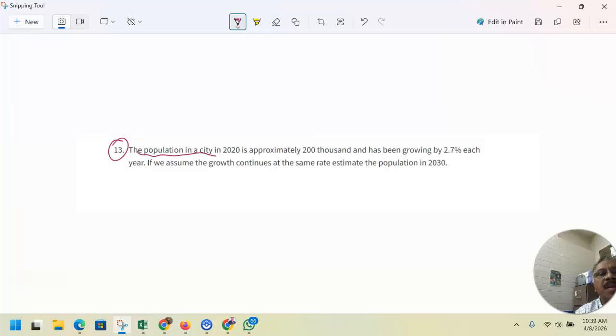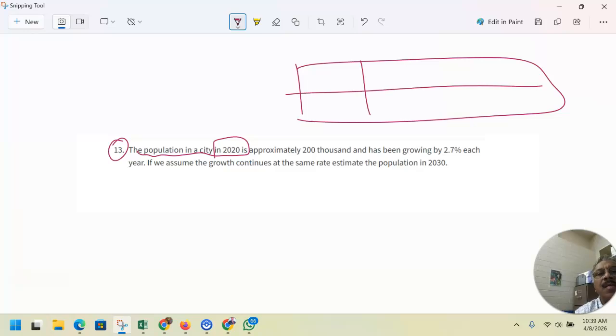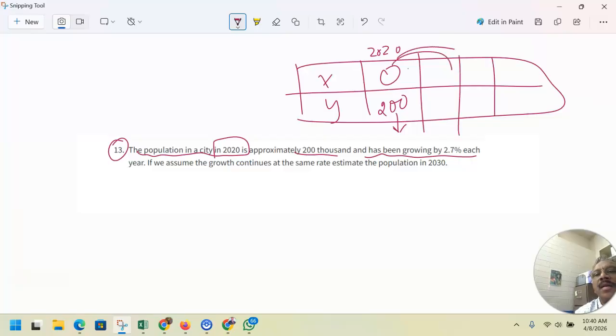Question number 13. The population in the city in the year 2020 is given to you. That's in the beginning, so it's 0. The population given is 200,000, so I'm just writing 200, which basically means in thousands. It has been growing each year by 2.7%.